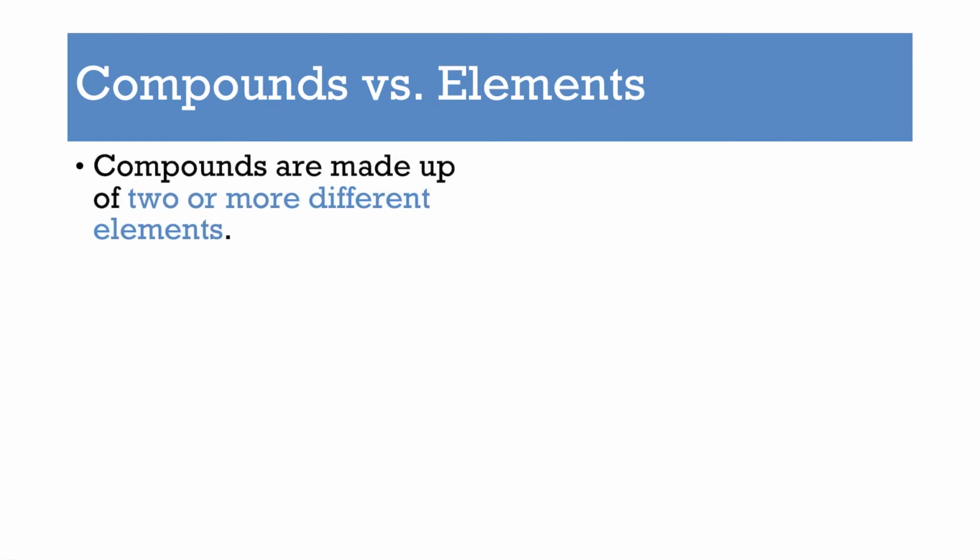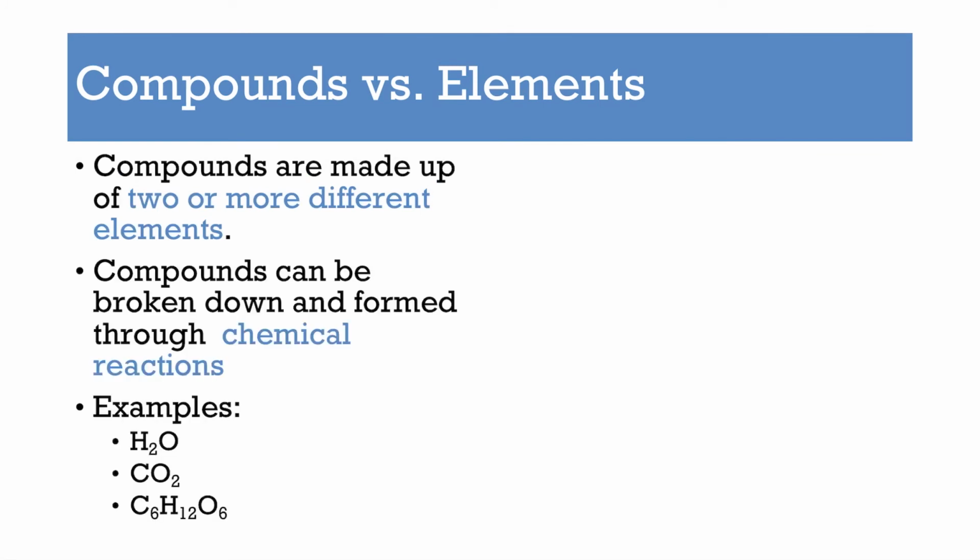Now, the difference between compounds and elements. Compounds are made up of two or more different elements, and we'll get into this more and more as we go on. But if you have two or more different elements, so anything on the periodic table, two or more different ones, they are chemically combined together, that is a compound. So compounds are chemically combined.